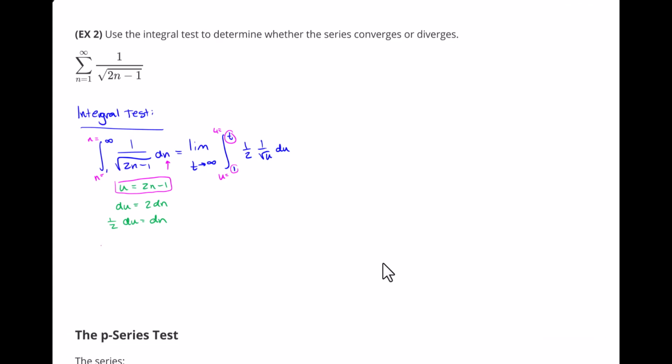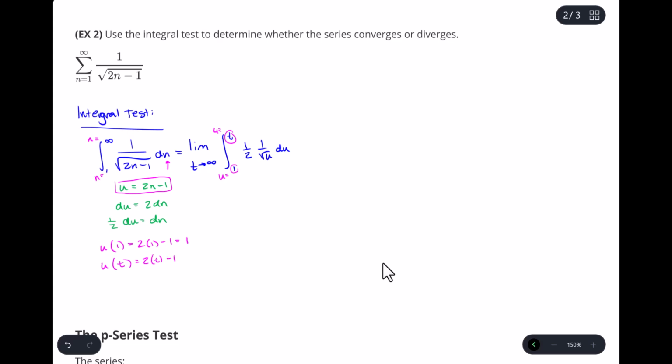So u evaluated at 1, the lower endpoint, would be 2 times 1 minus 1, which looks like it would also be 1. So that's actually fine. And then u evaluated at the upper point, which is changed to t, is going to be 2 times t minus 1. All right, so it'll just be that function instead.